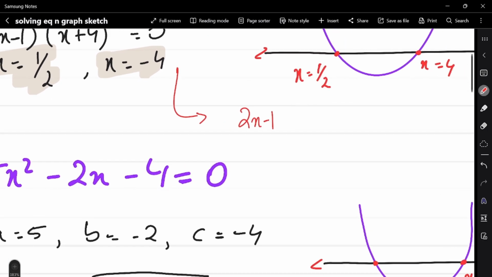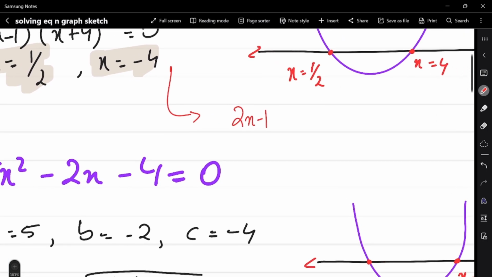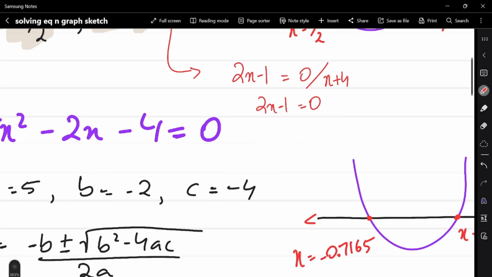To remove x plus 4 from this equation, we're going to put it on the other side of the equation, dividing 0 by x plus 4, which gives us 0. Once we solve this, we're going to get x is equal to 1 upon 2.